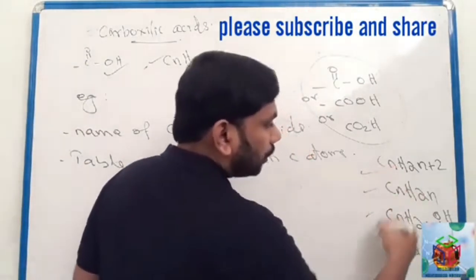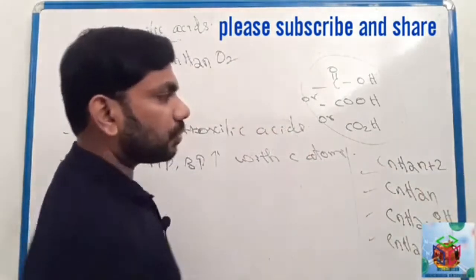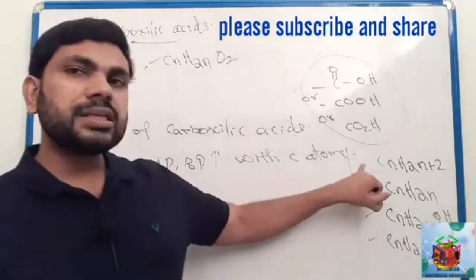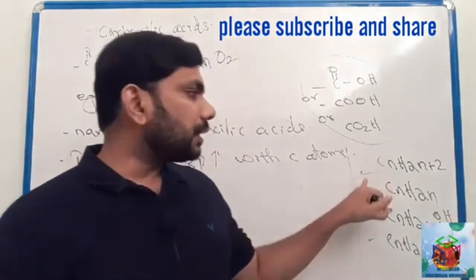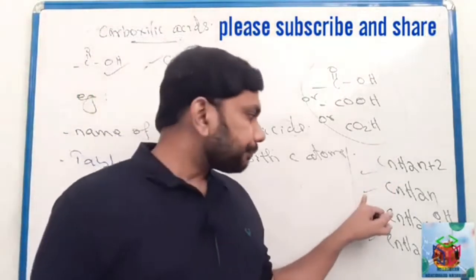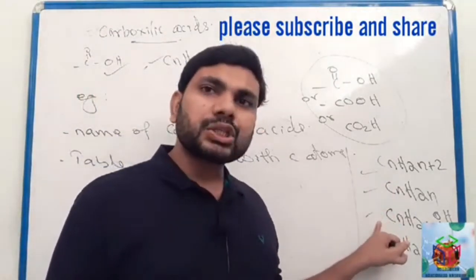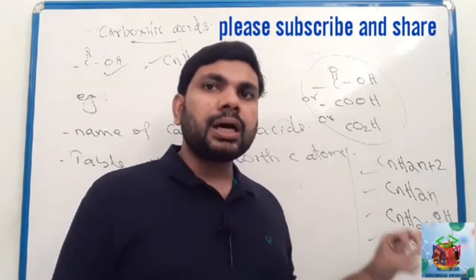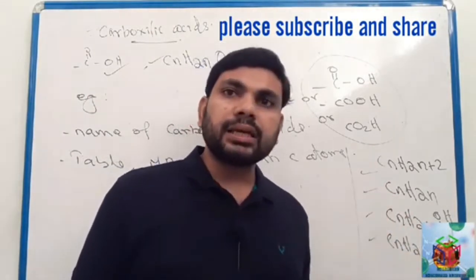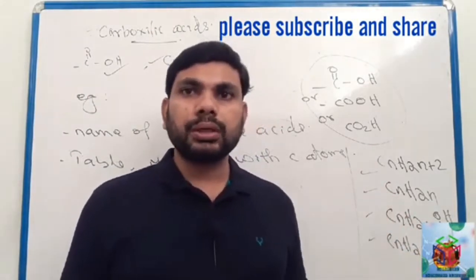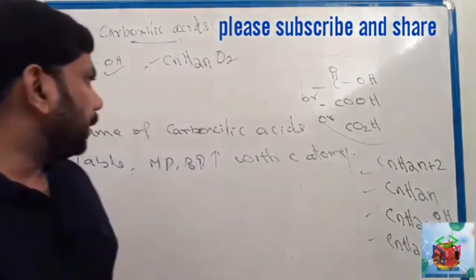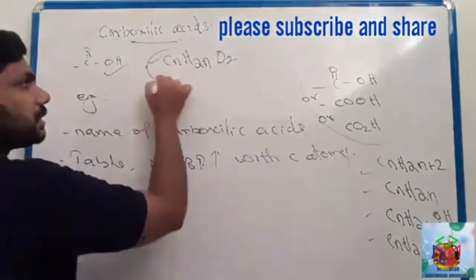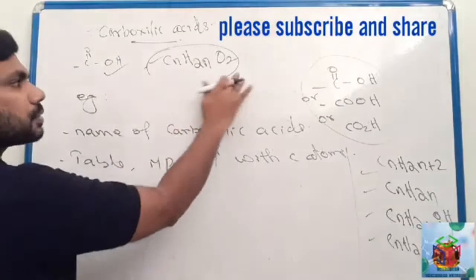So remember all these general formulas. Alkane CnH2n plus 2, alkene CnH2n, alcohol CnH2n plus 1 OH, carboxylic acid CnH2nO2. Clear?